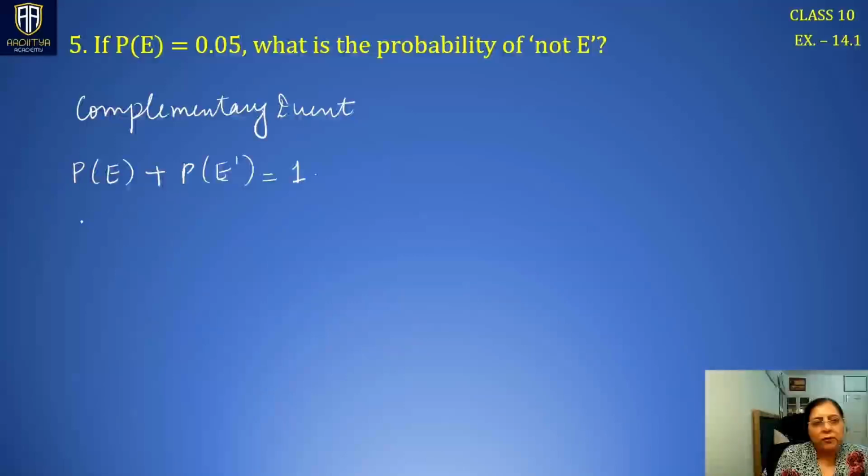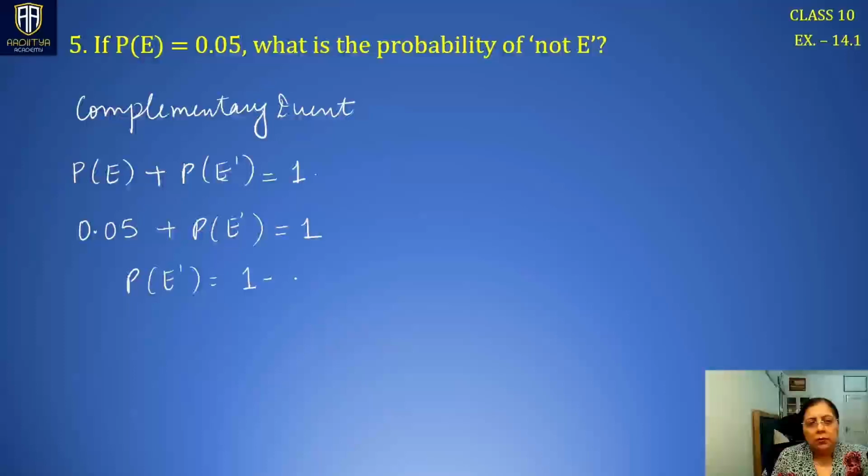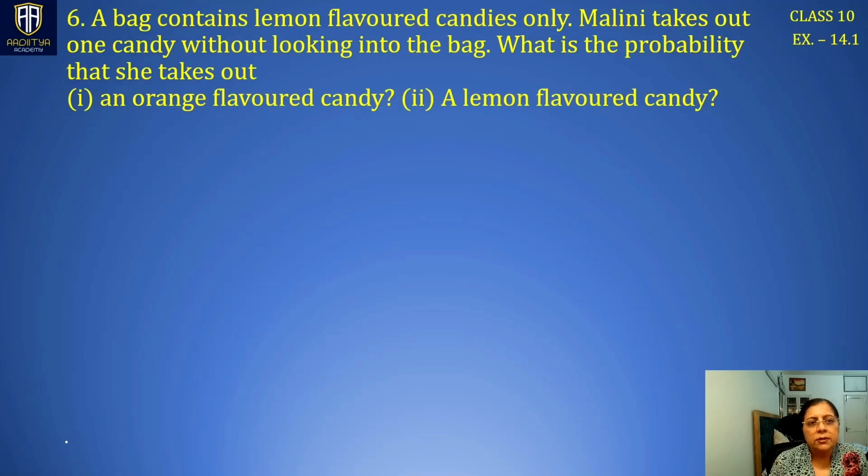So probability of event is 0.05. So the probability of the complementary event not E, P(E) dash, is 1 minus 0.05. So it becomes 0.95, right?